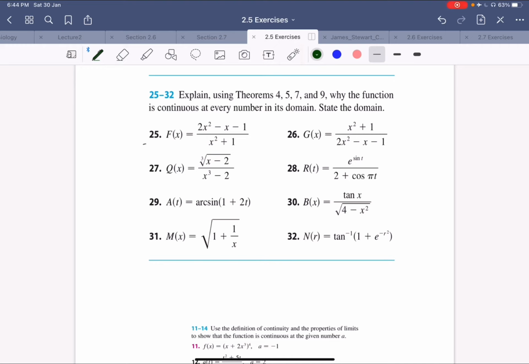For example, we will take problem number 25. It says explain why the function is continuous at every number in its domain, and state the domain.